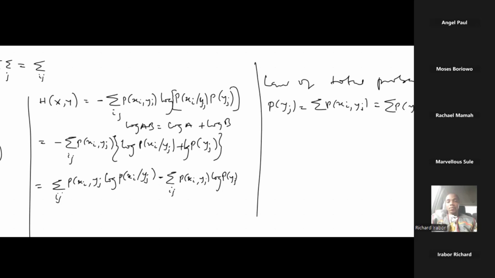So if we add this up, the sum of this is going to give us 1. And if we add the sum of this, it's going to give us 1, right? If we also add the sum of this product probabilities, it's also going to give us 1, because this, by Bayes theorem, is the same as this. And the sum of these probabilities cannot be more than 1, right?